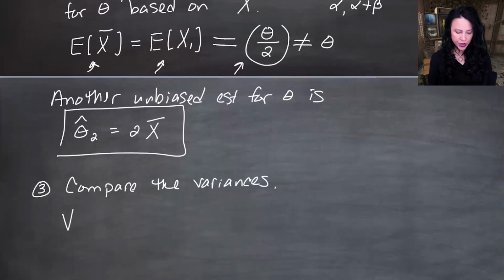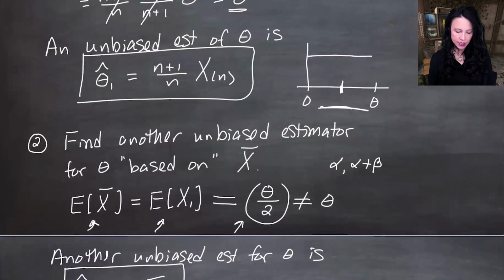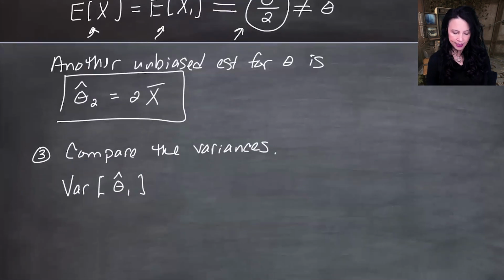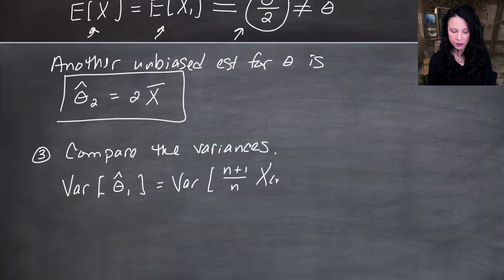So let's compare the variance for these estimators. The variance for theta 1 hat, that was this thing in the box up here. This is the variance of n plus 1 over n times the maximum. I've got a constant in front of my random variable.